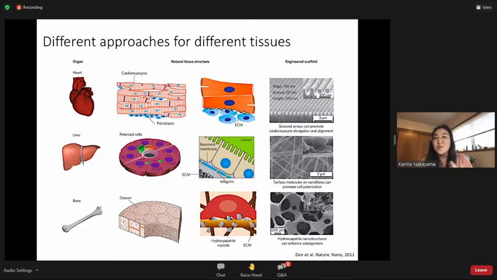So when we look at materials, we go, okay, we need to have really aligned materials, and we need cells that are going to contract on their own. And then very differently, if we're engineering bone tissue, that has very different mechanical properties. Something that's soft like a heart, we can't use that same material for a bone.